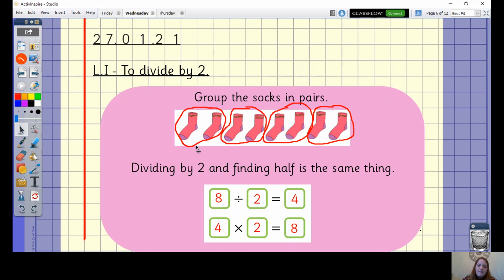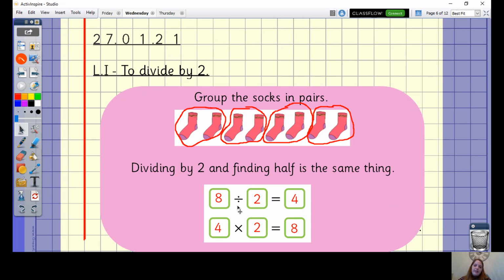So I've grouped my socks into pairs, so I've got 1, 2, 3, 4 groups of 2 socks. Now dividing by 2 and finding half is the same thing, okay?